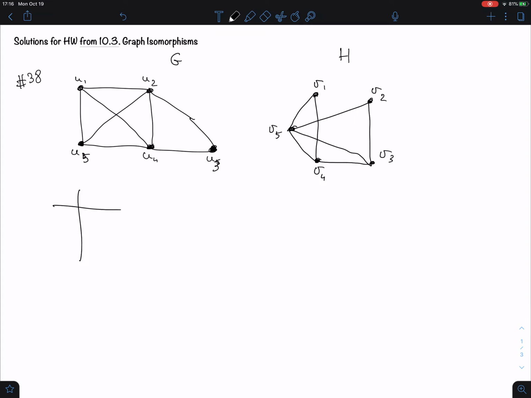So as always, the best strategy is to start listing the adjacency list. So we have U1, U2, U3, U4, and U5. Now, before you do that, you could calculate the degrees first perhaps.